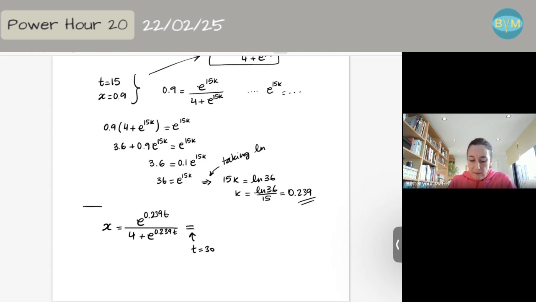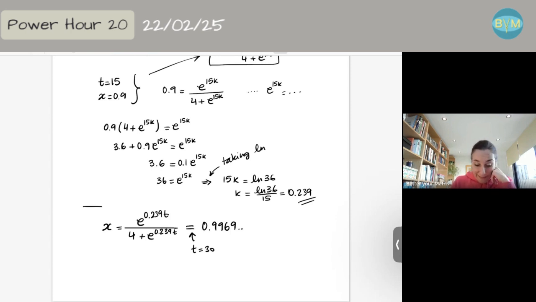I get 0.9969 something else. And remember, they both add up to 1 kilo. That means that at this time, the mass of B is almost all. So all of your mixture is almost all B. So this is what they ask you.